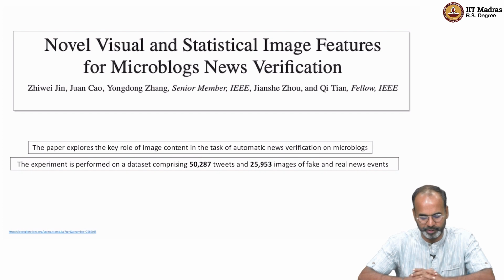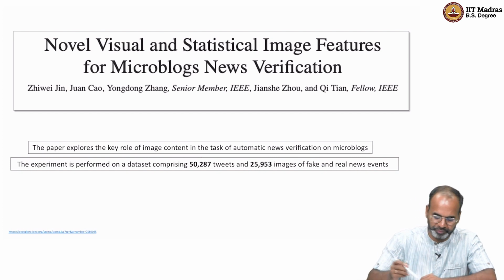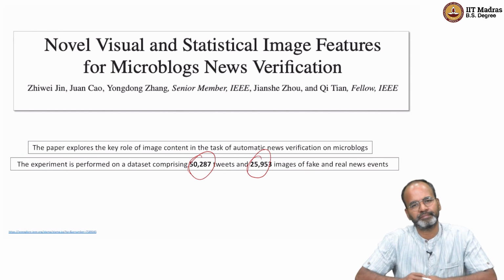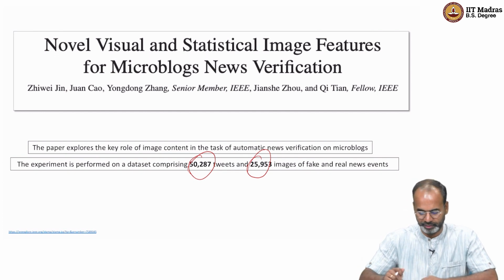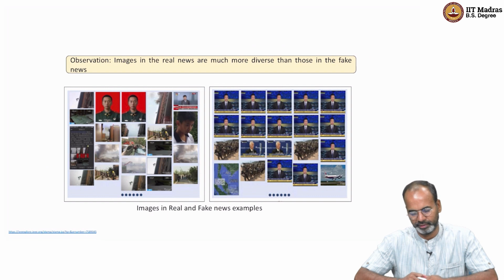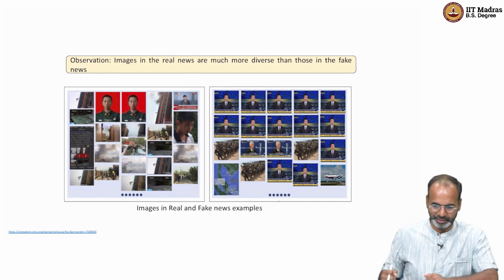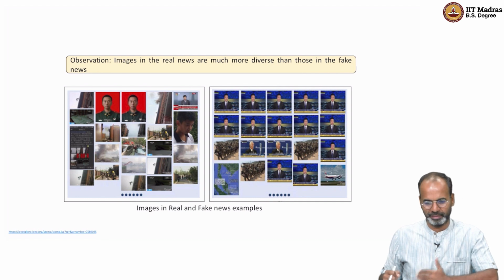The experiment is performed on a data set of 50,000 tweets and 25,953 images of fake and real news events. So you take the tweets, you take the images, you do some analysis with the images, and make a prediction whether this is a real tweet or not.